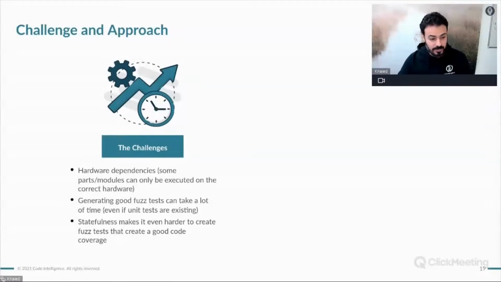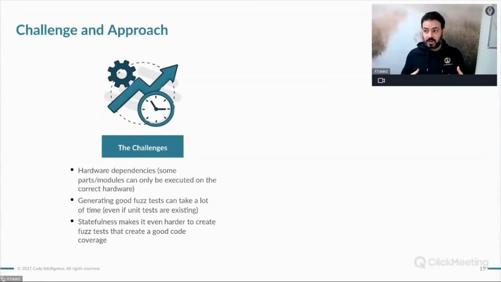So this is impractical, and it becomes even more difficult with statefulness, because what we've seen in the example is that we have a fuzz test that calls a single function. Normally in bigger software where we have a state, these functions are called in a different order.